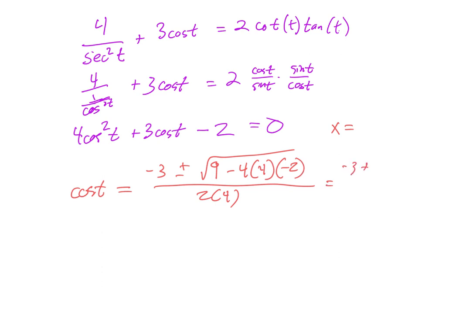Negative 3 plus or minus the square root of 4 times 4, that's 16 times 2 is 32, positive 41 over 8.